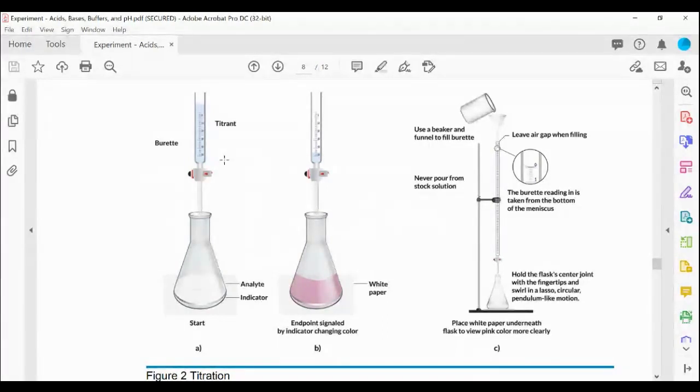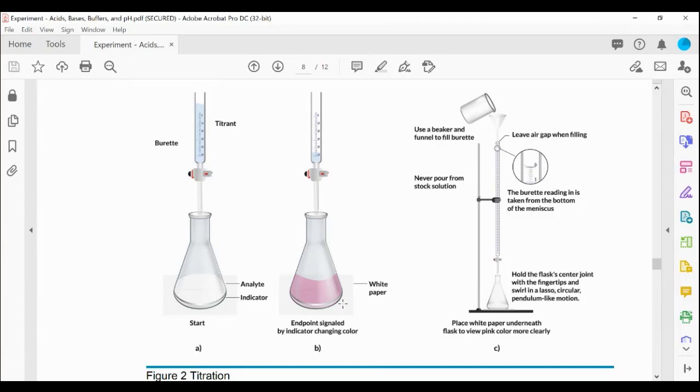So we will add drop by drop until the pH changes, until we see a change in color. At the equivalence point, which is a neutralization, the number of moles of the base is stoichiometrically equal to the number of moles of acid.